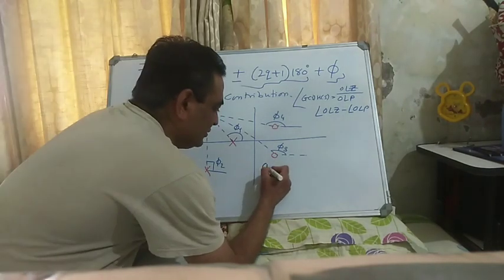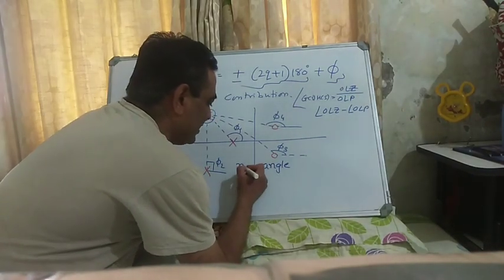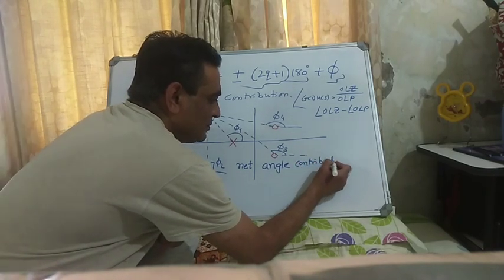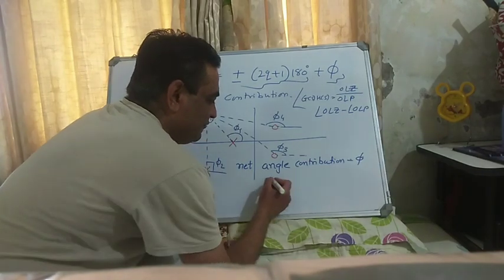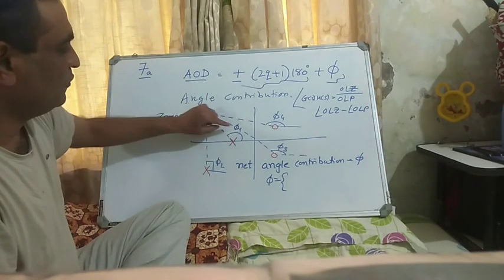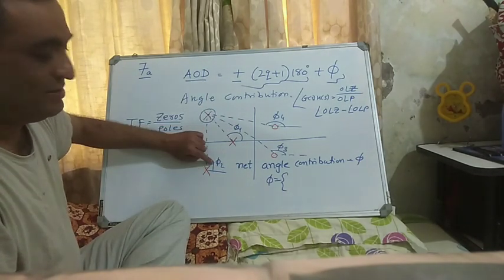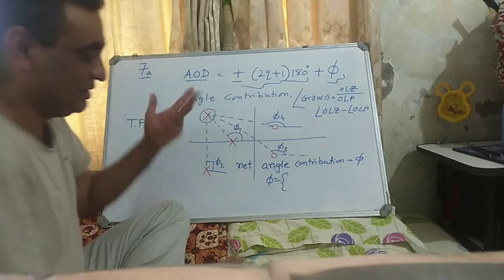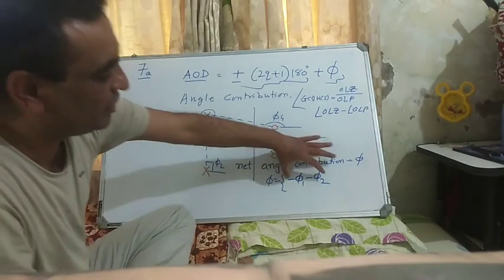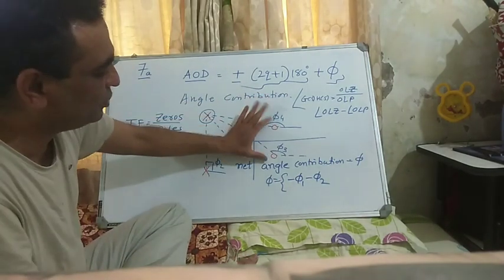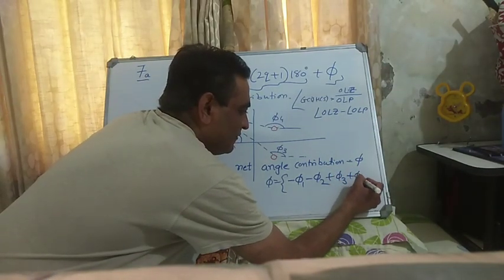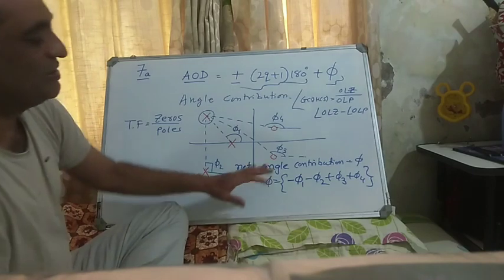So the net angle contribution, that is phi, is given by the net angle contribution from all poles and zeros. From poles, that is phi 1 and phi 2, it would be minus: minus phi 1 minus phi 2. This is the angle contribution from poles. Angle contribution from zeros, phi 3 and phi 4, is plus phi 3 and plus phi 4. So this is net phi.